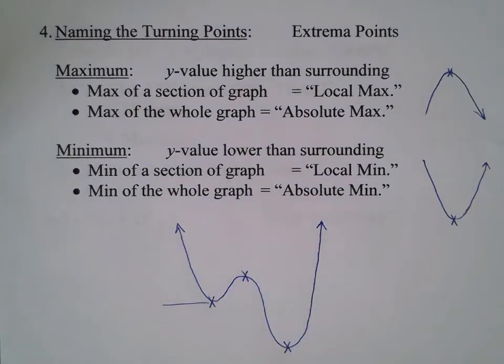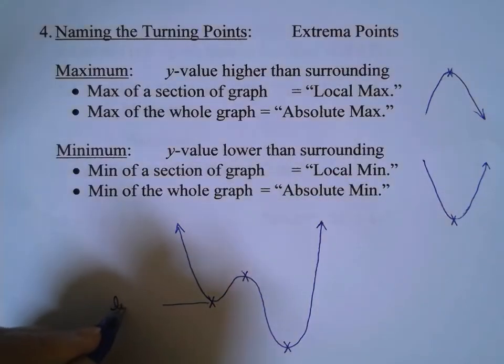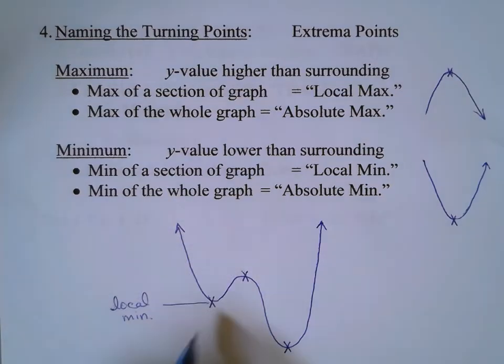What kind of turning point would this be? It's a minimum. Is it local or absolute? This would be a local minimum because it's a low point right here at the bottom of this valley, but there are points on the graph that are lower than that. So it's not the absolute minimum. It's just local.